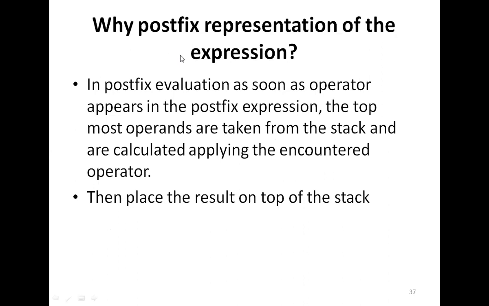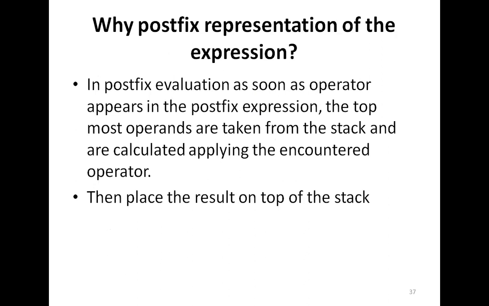In case of postfix expression, we can use the stack. Just scan the postfix expression from the left side to the right side. We know that in postfix, on the left side we have the operands, and on the right side we have the operators.